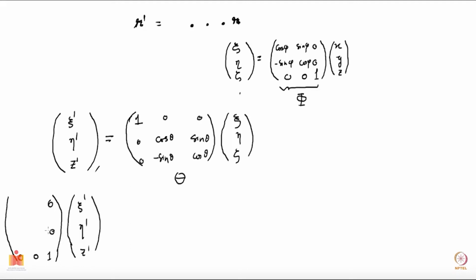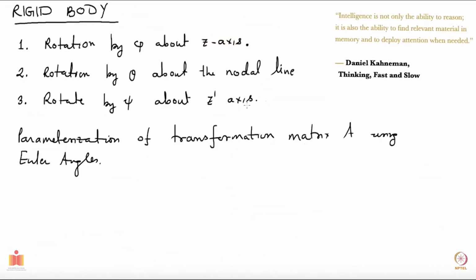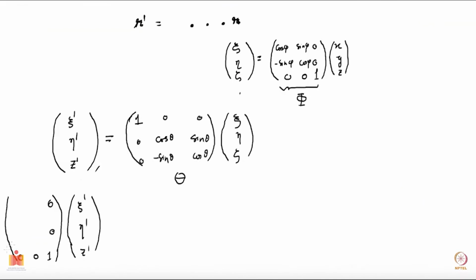And what is the angle of rotation? Rotation angle is psi, so this rotation is going to happen here. And let me write down cos of psi, sine of psi, minus sine of psi, cos of psi, and I will call this matrix psi.